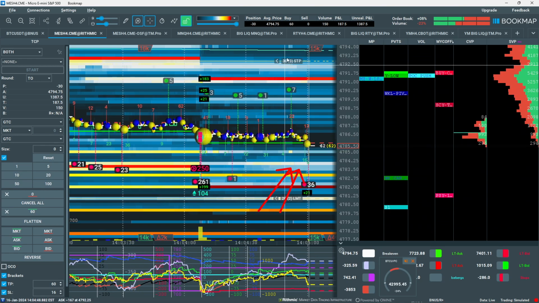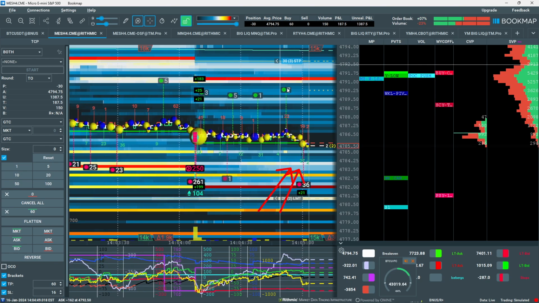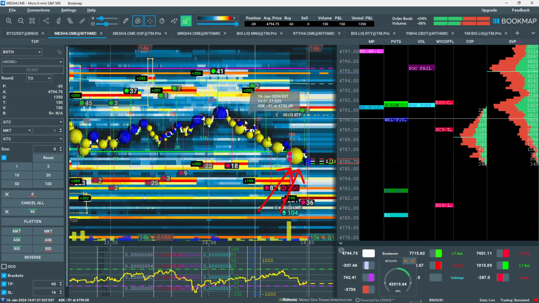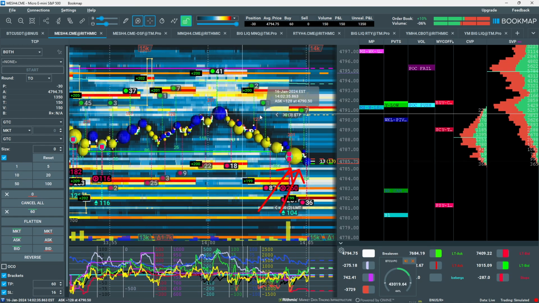Stops NQ sell. Iceberg RTY sell Thunder Flurry.